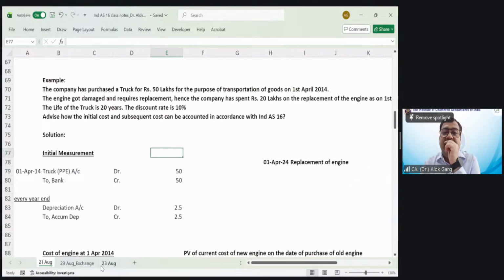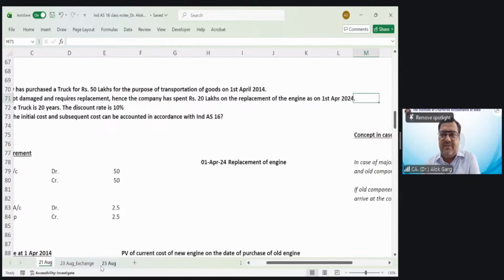Now, after 10 years, the engine got damaged and the company has to replace the engine, and the cost of the engine is 20 lakhs after 10 years. So 50 lakh is the cost of the truck, 20 years is the life. What will be the WDV of the truck after 10 years?